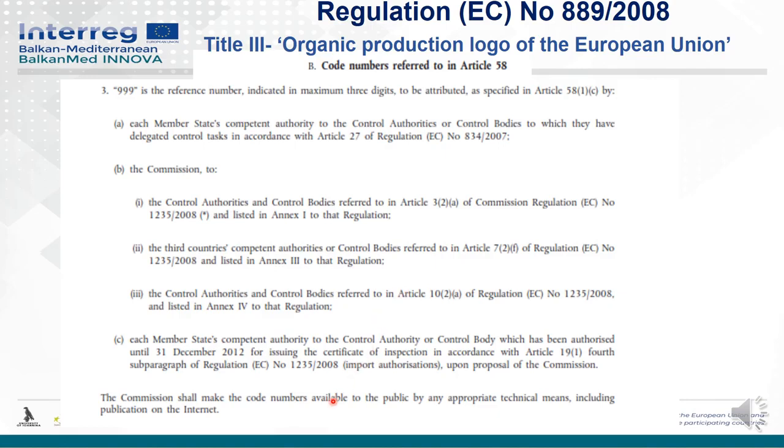Each member state's competent authority to the control authority or control body which has been authorized until 31 December of 2012 for issuing the certificate of inspection in accordance with Article 19 of regulation 1235 of 2008, so related to the import authorization.